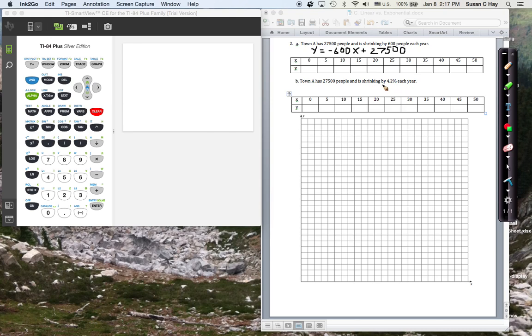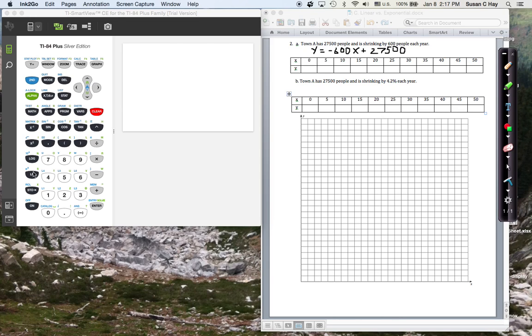We have to know what our base is. It has something to do with the 4.2%. But remember, it's going to be 1 minus 4.2% because it's shrinking. We're going to subtract this 4.2% from 1 because the number has to be less than 1 in order for it to be shrinking. So what would that be?